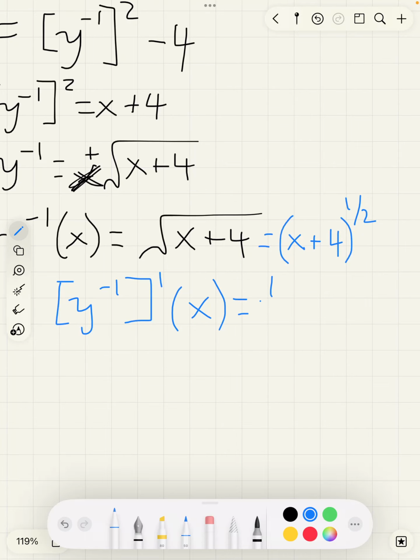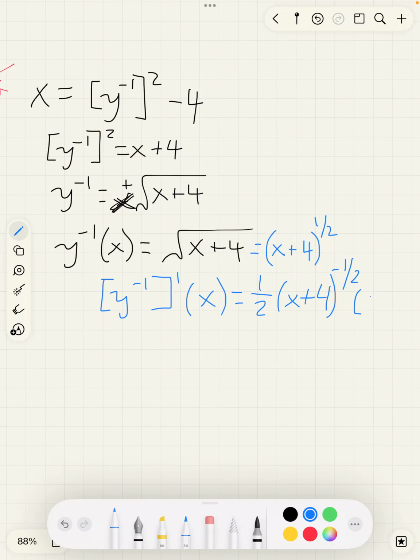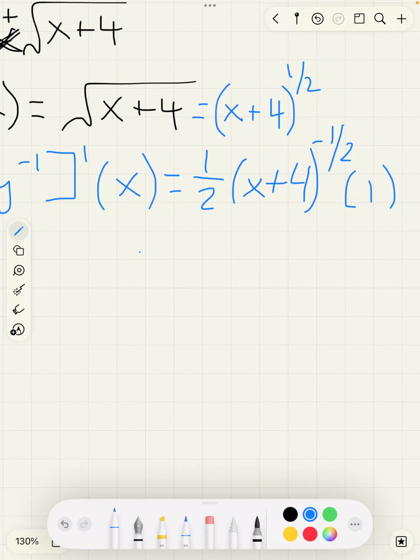Bring the 1/2 down, keep the inside the same, subtract 1 from the power, and then multiply by the derivative of the inside. Writing this in a more plug-a-number-in friendly way, I'm going to move that negative 1/2 exponent down to the bottom, and write it as a root again. And there we go, that's our derivative.